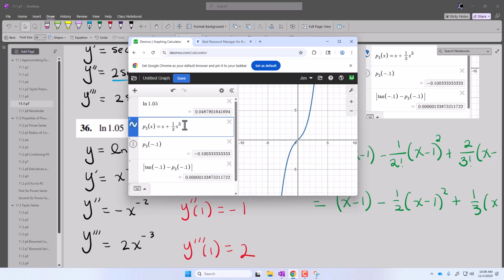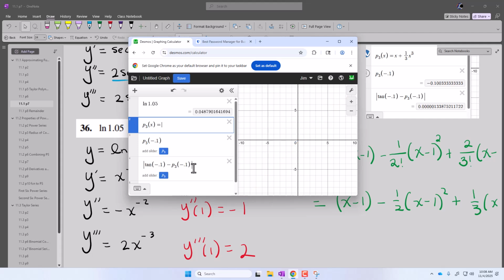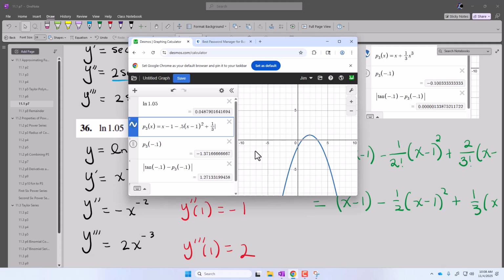And then let's get our polynomial in here, which is x minus 1 minus 1/2 times x minus 1 squared plus 1/3 times x minus 1 cubed. That look right? And then we want 1.05 here.